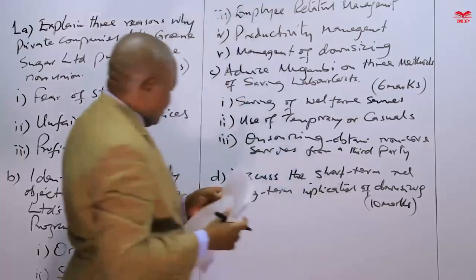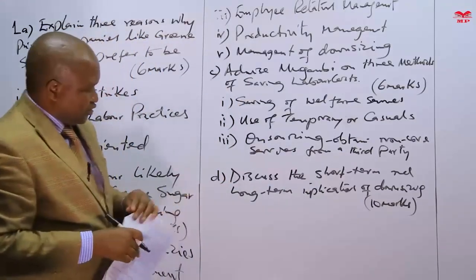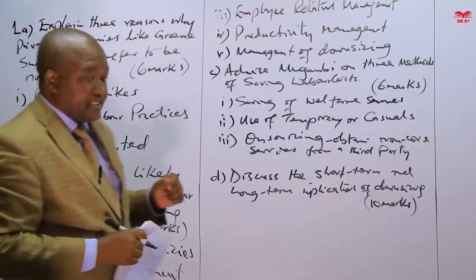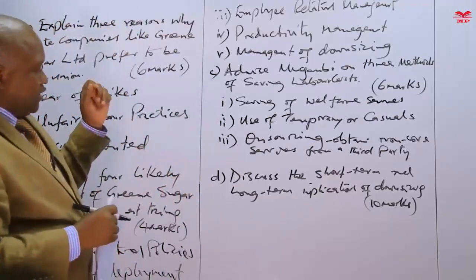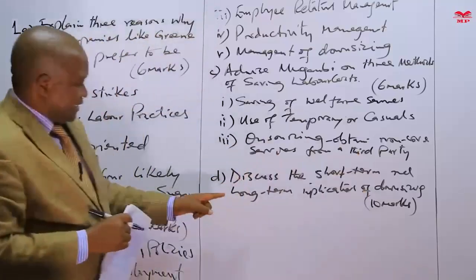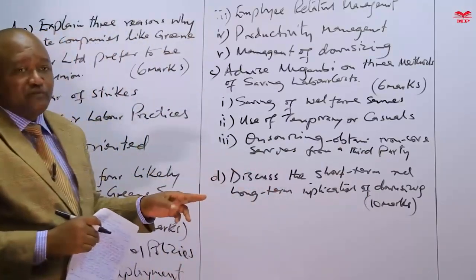Before we look at the question, it is important to look at the spirit of the question in terms of what the examiner is asking here. Now the examiner is looking at two aspects: short-term and long-term implications of downsizing.